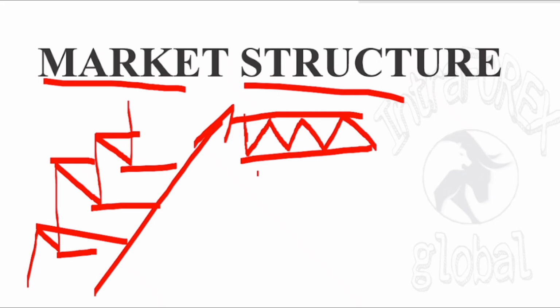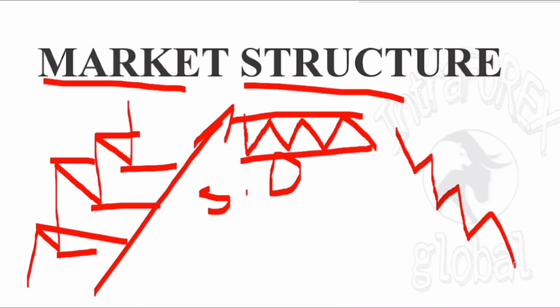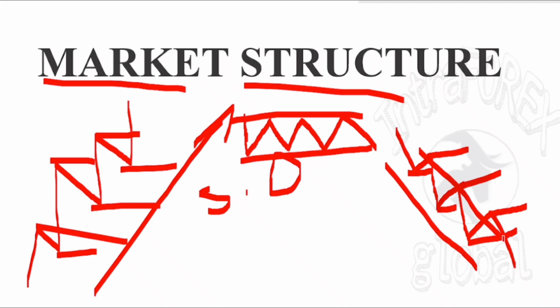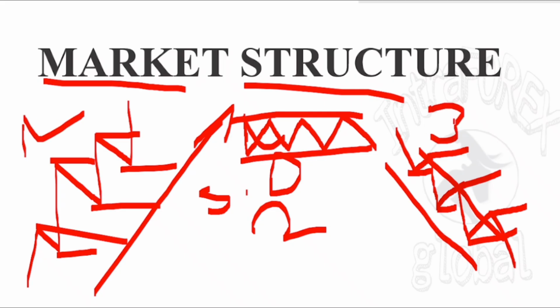And then the downtrend is where the market is giving us lower highs and lower lows, something like this, breaking structures while maintaining these lower highs. Something like this is what we call a downtrend. So when you open your chart, these are the 3 things you want to look at: the uptrend, the sideway, and the downtrend.